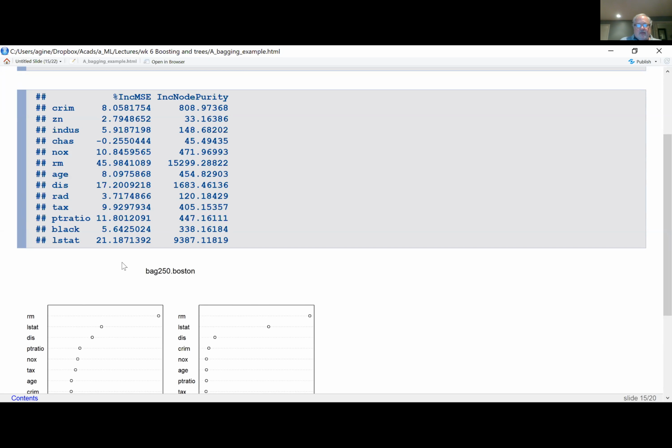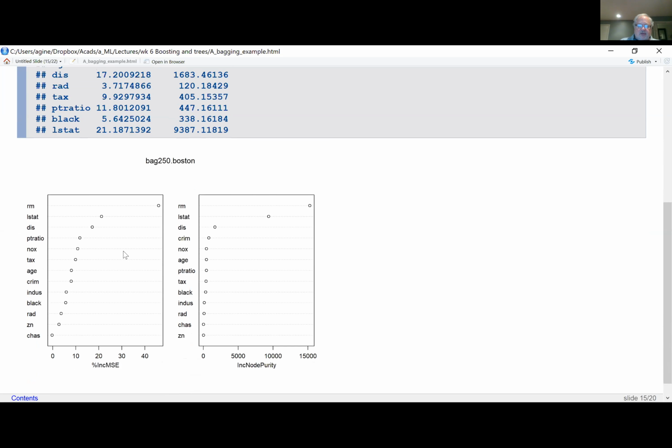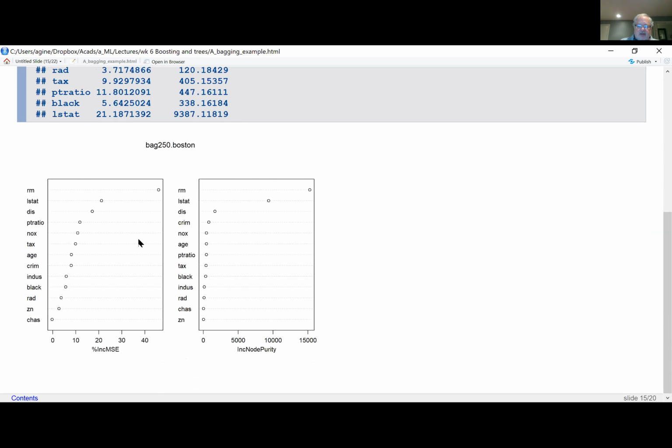So when you train on 250 different data sets, if you will, it gives you a chance to see different sets of circumstances and reduces overtraining, which is to say it reduces variance in the predictions. This is a nice feature, and Niels, I'm sure, is going to give you exact definitions next week. But this variable importance is one of the really nice features that you can see once you do ensemble models like bagging.